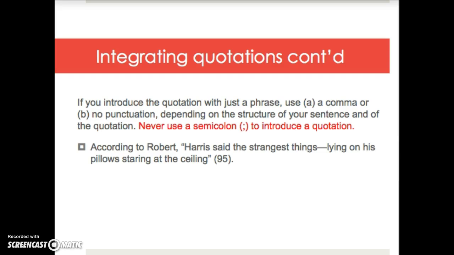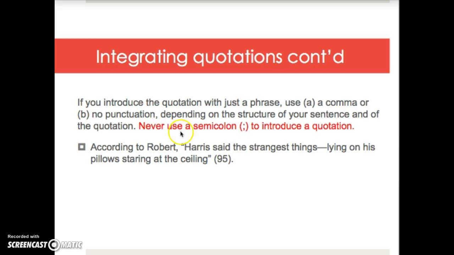And in this case, you just have to separate your introductory phrase with a comma, or depending on the structure of your sentence, you don't need any punctuation at all. So depending on what you're saying in your phrase, you can just add your quotation in there.